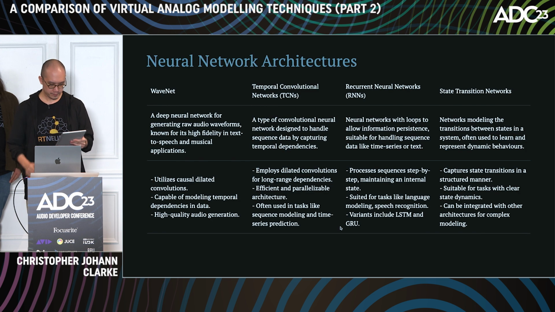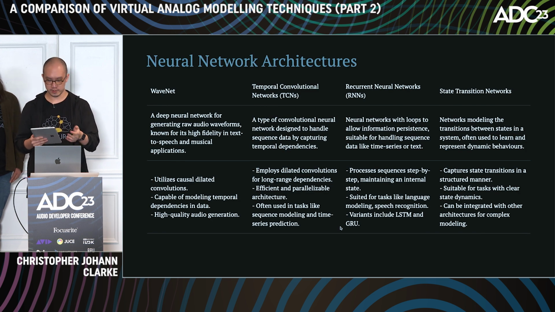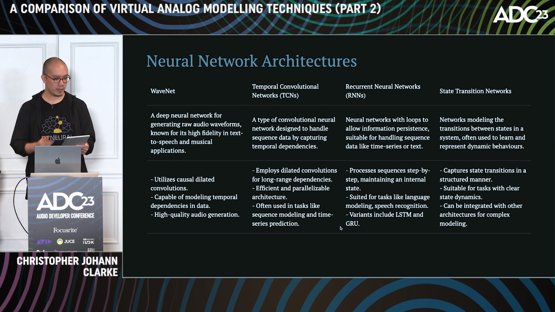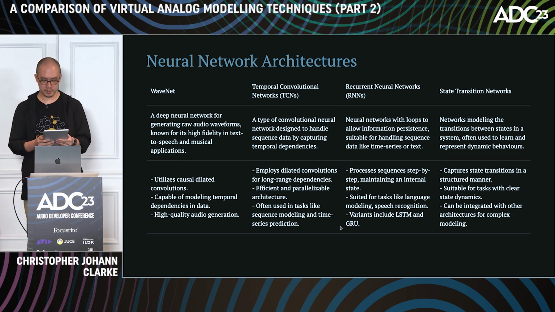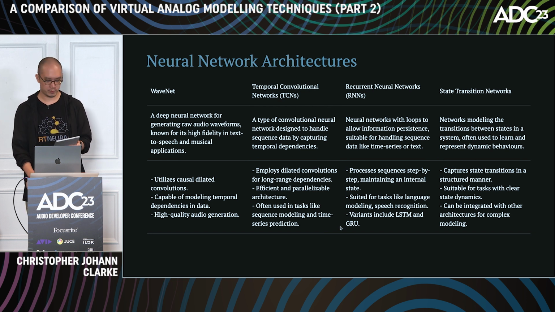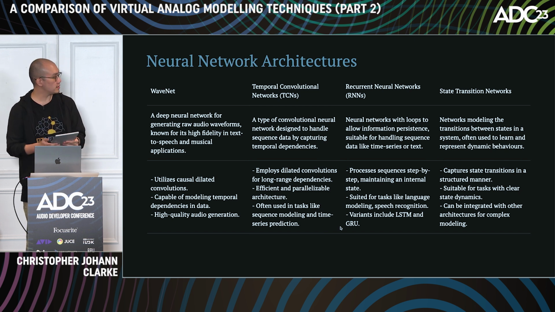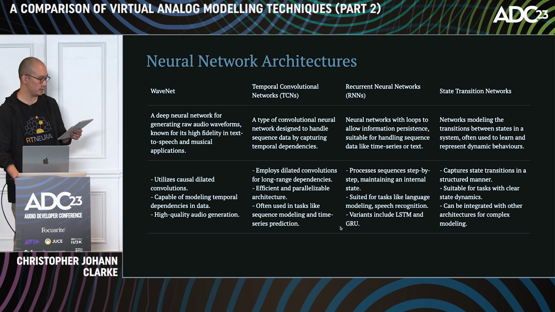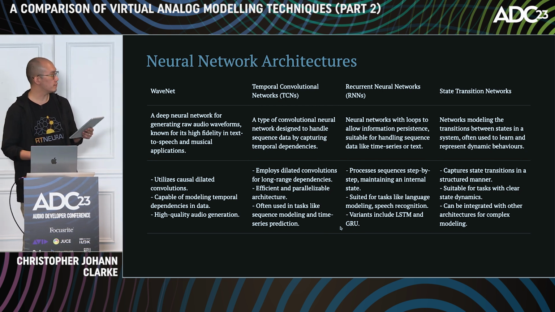In part one of this talk, Jatin spoke about these neural network architectures, namely the WaveNet, TCN, RNNs, and STNs. I'm sure by now we're all rather familiar with them due to their widespread success. I'll do a very general overview of them. The WaveNet and the TCNs use dilated convolutional neural network layers in order to capture more temporal information.